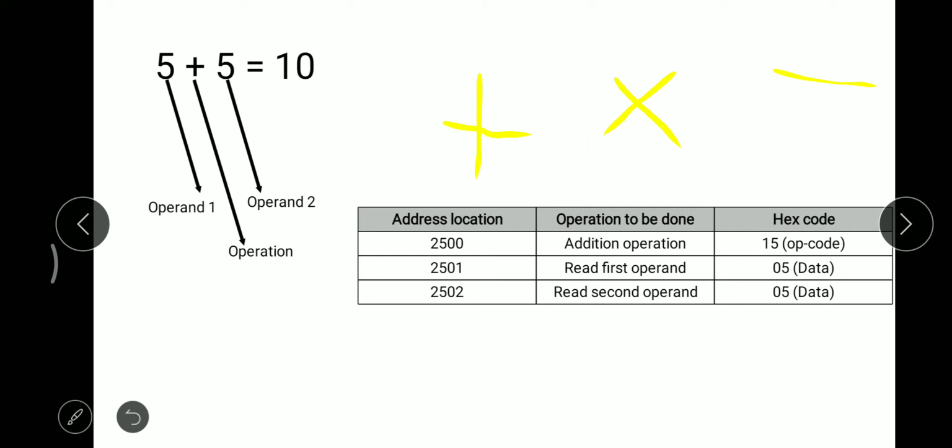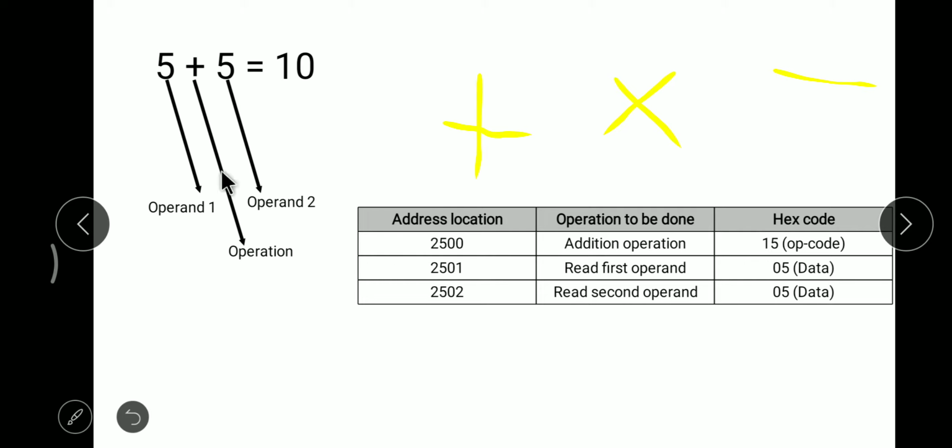After understanding the action to be performed, your brain is expecting the data. What is the data to be added? That is already given in the teacher's statement, 5 plus 5.